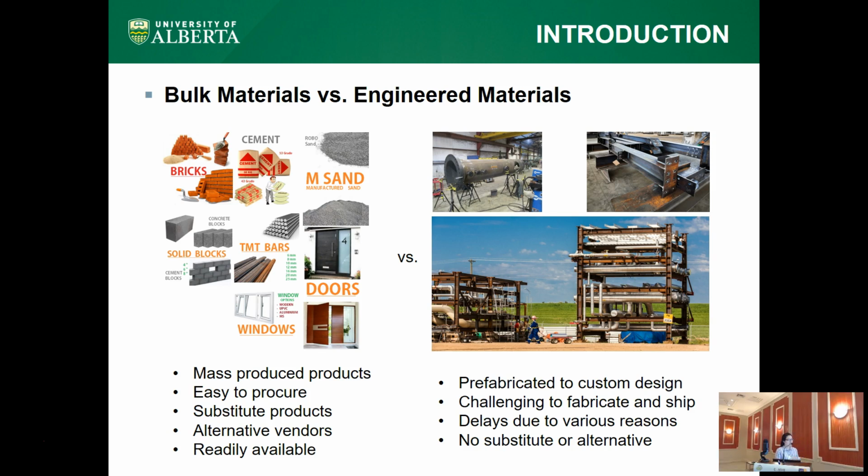But engineered materials are prefabricated based on custom design, so they are difficult to fabricate and ship. Also, there is no substitute product or alternative vendor for this type of material. Therefore, for industrial construction projects, engineered material is a driving factor for construction planning and resource scheduling.